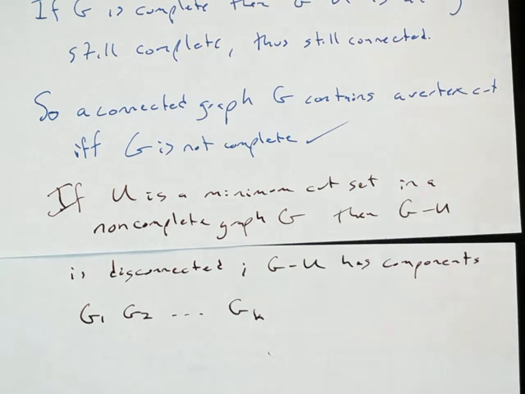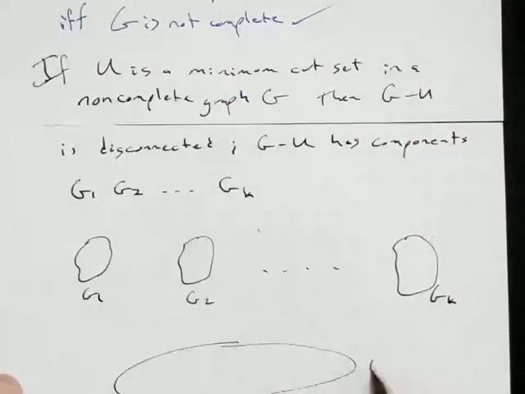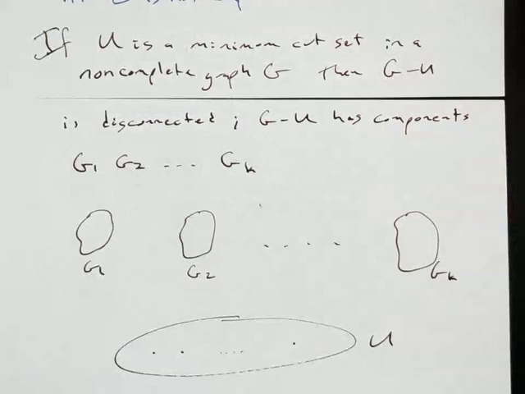All right, wait a minute. So the whole graph minus cut U has pieces. There, and then there are these other vertices in U. Doesn't matter.